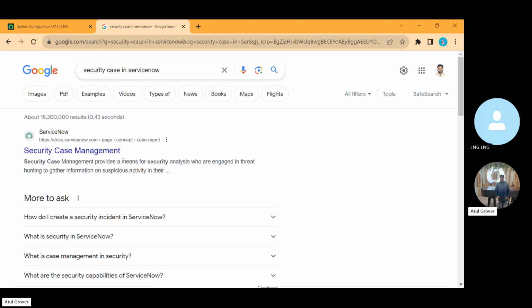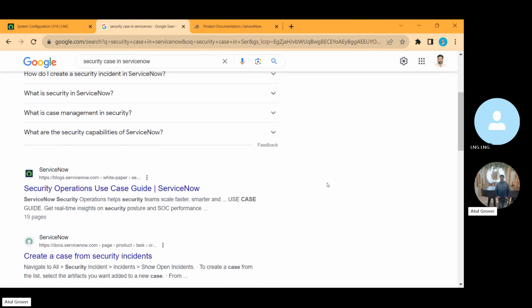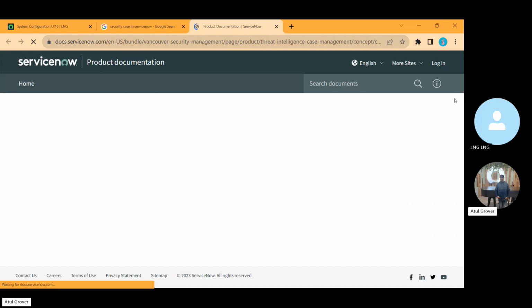It provides a means for security analysts who are engaged in threat hunting to get more information on suspicious activity. Let me open this in the other window. Let me see if there is anything else, because I tried to find it in my system, but I did not find it. Again, I say it's case management, so maybe it's coming from the case only. OK, so this is what the product documentation says here.